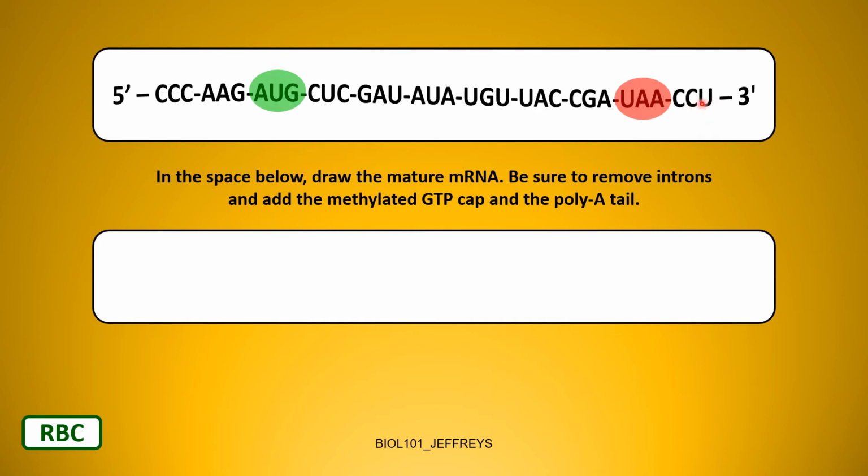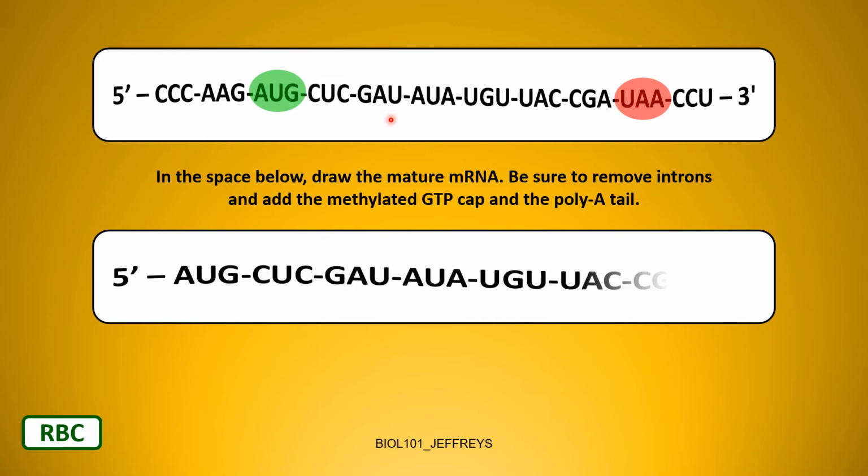Okay, that's all intron. The start codon codes for methionine, so we want to keep that, but everything prior to the start codon is intron, so we want to nix that. So what I've done here in the space below to draw the mature mRNA, I get rid of the introns, get rid of the stop and the intron, and I just have the mature message there, and it looks like this.